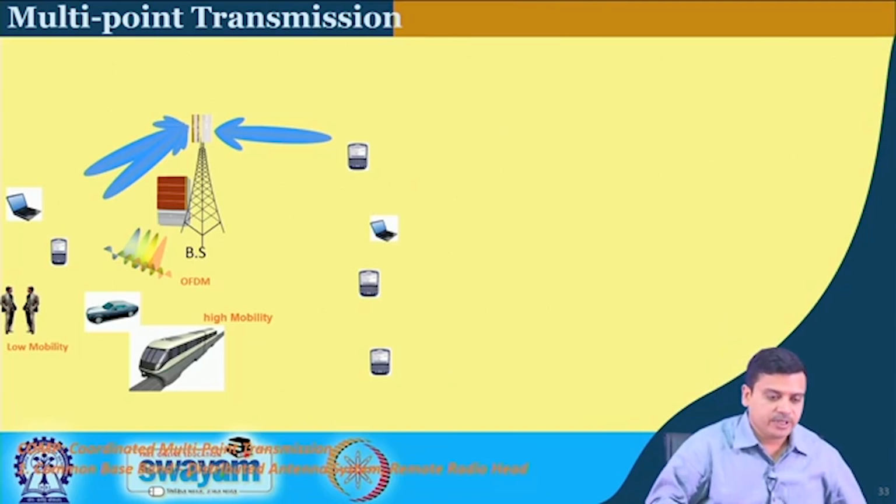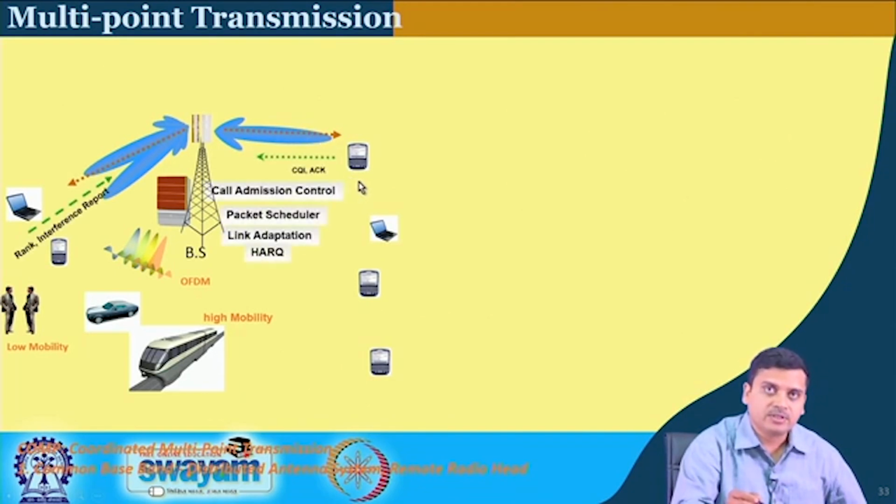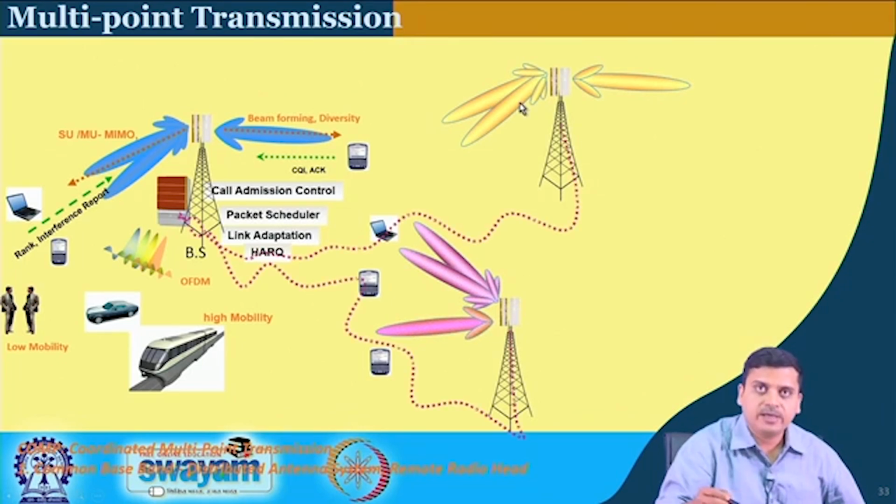Pictorially, what we can see is one base station with multiple antennas enabled and beams formed in different directions. They will communicate with the different users via several such procedures, and along with it there could be other base stations nearby and they would be connected.